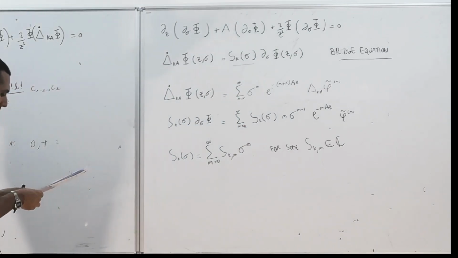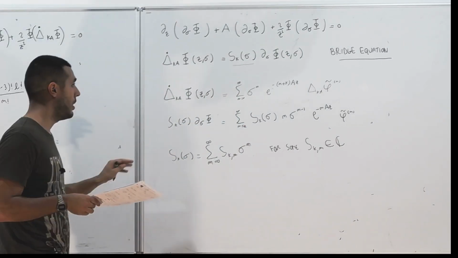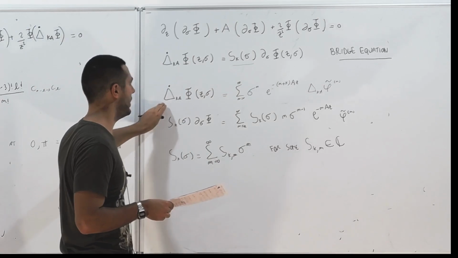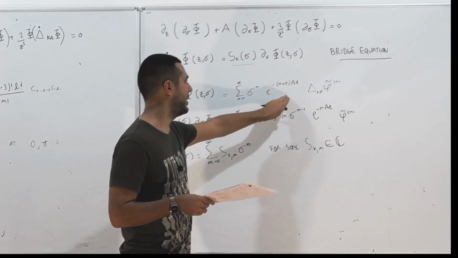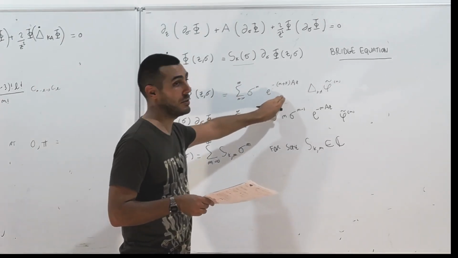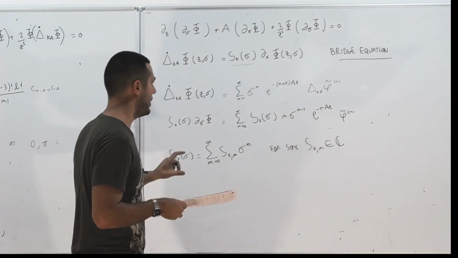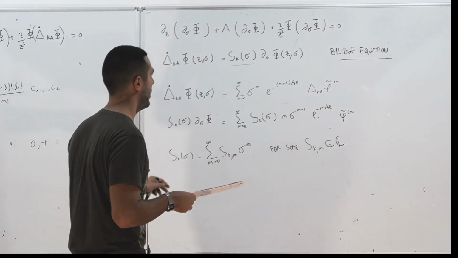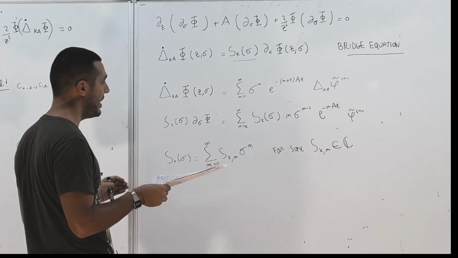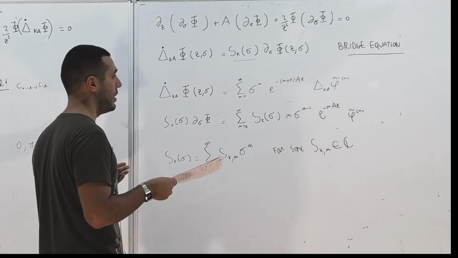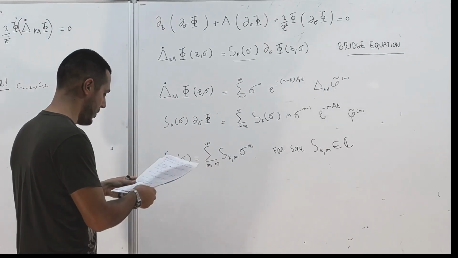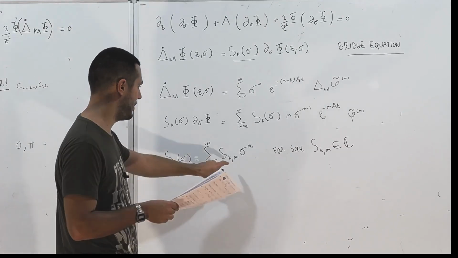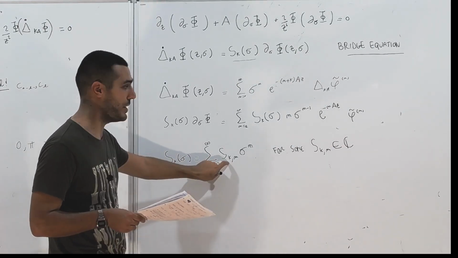Now, I've also told you that the dotted alien derivative adds a factor of e to the minus k a z. So in order to have a matching of both powers of sigma and powers of e to the minus az, we have to impose a very strong constraint on this coefficient.